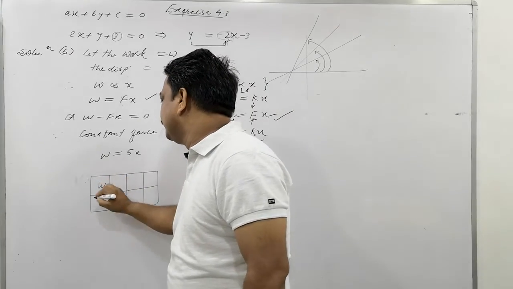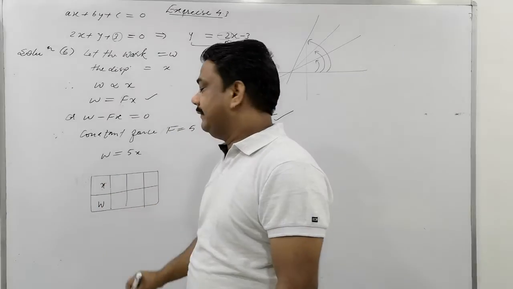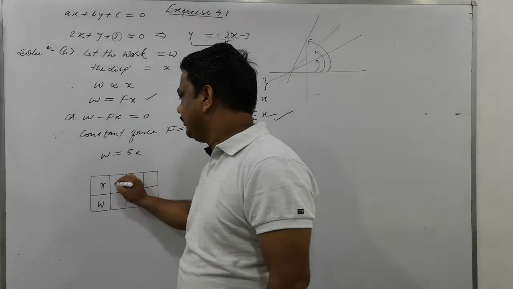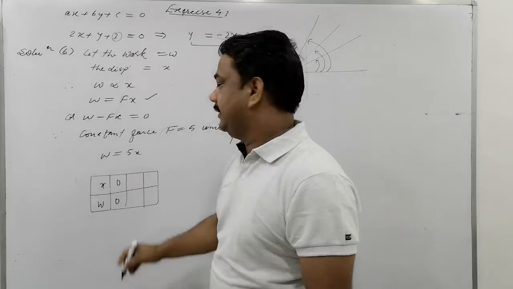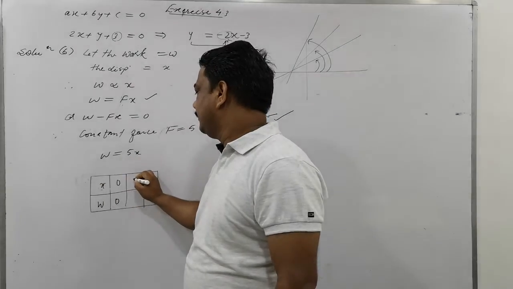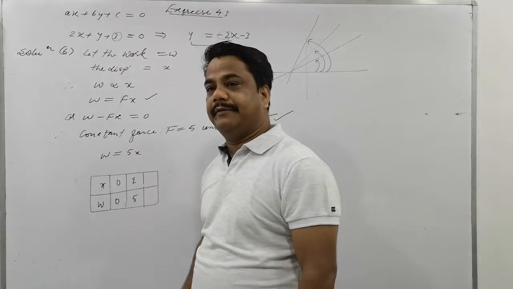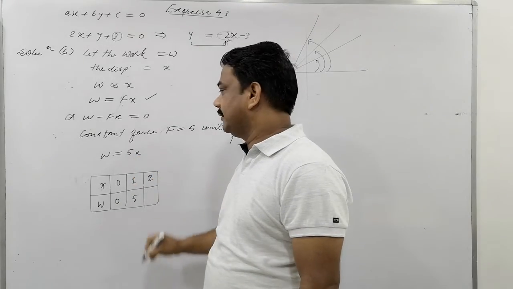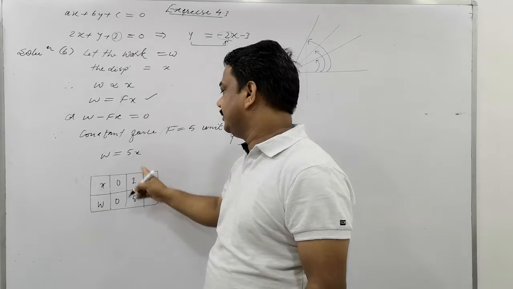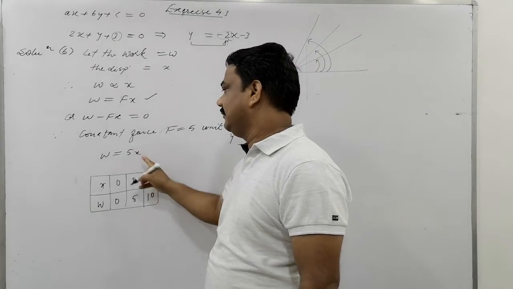So it's x displacement, that is W. If we take 0 displacement, what will be the work done? No work done. If we take 1 meter displacement, work done will be 5. If we take 2 units displacement, work done will be 10.